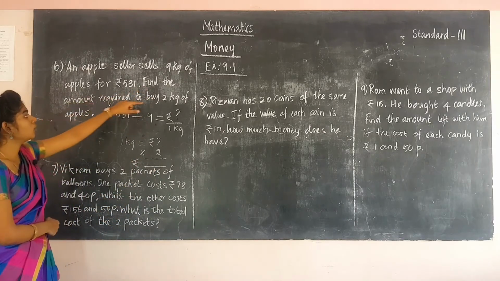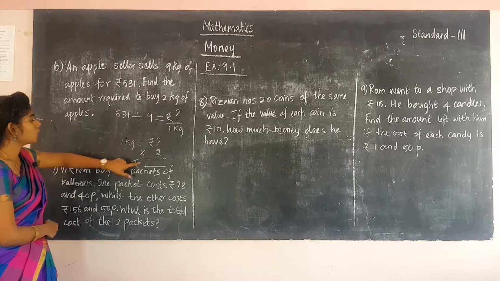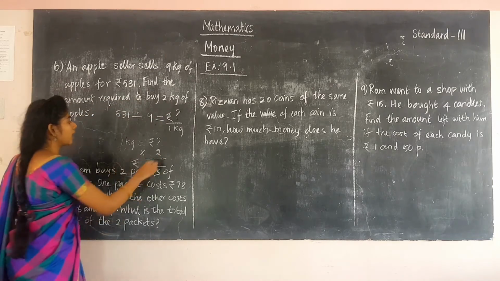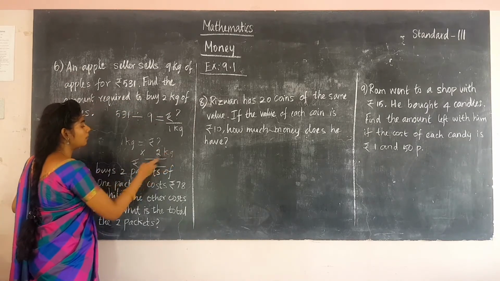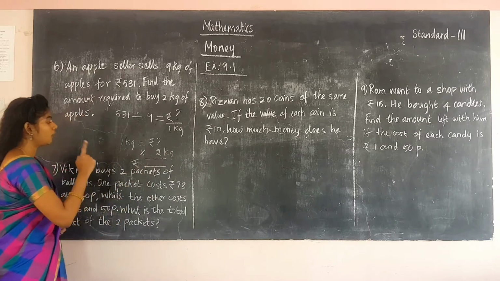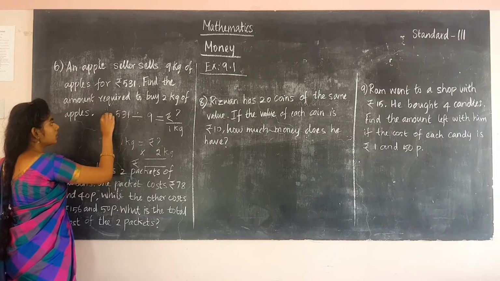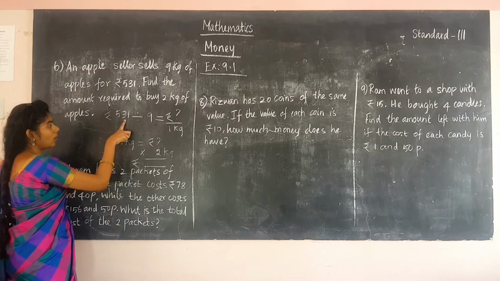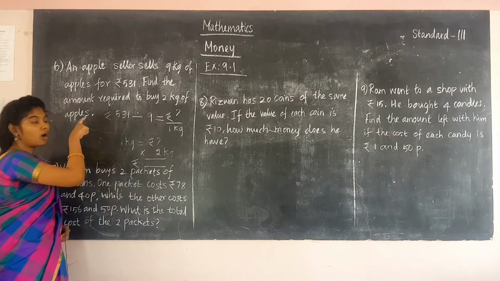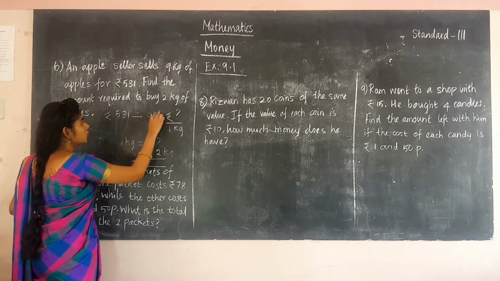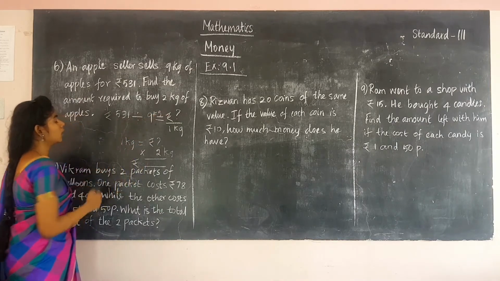Find the amount required to buy 2 kg of apples. To find for 2 kg, first we have to divide these two numbers. This is for 9 kg of apples: 531 rupees is for 9 kg.